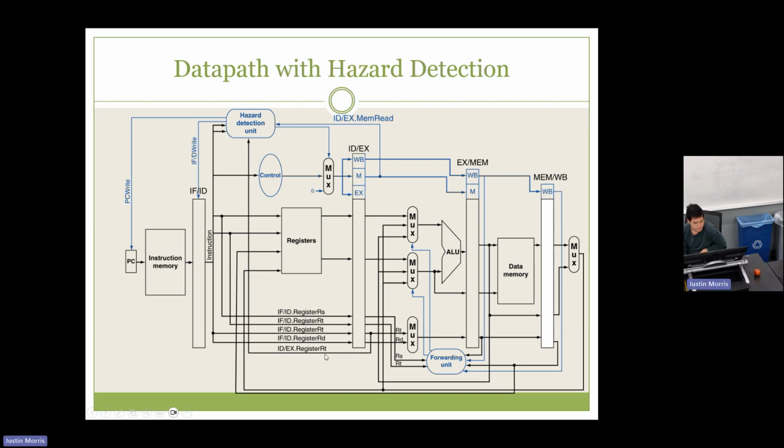The destination register of the instruction in front of us, which is RT for load word, right? We're checking if they're matching, as well as whether the instruction in front of us is reading from memory. If they're reading from memory, that means it's a load word, right?